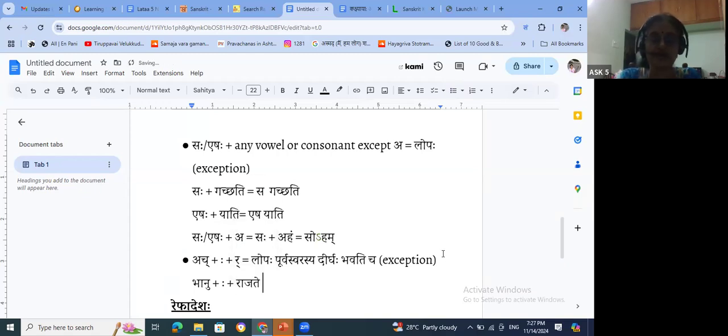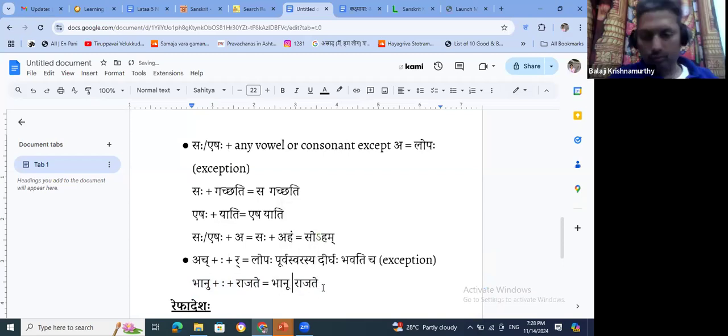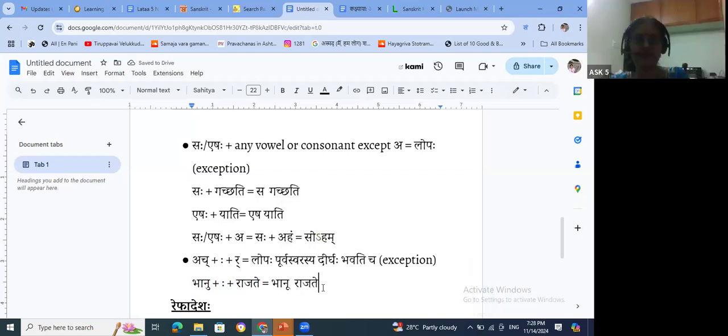Here what happens? There is an ach in front. There is r here. Another alert. Then what happens? Lopa happens, and the purva varna must become dirgha.